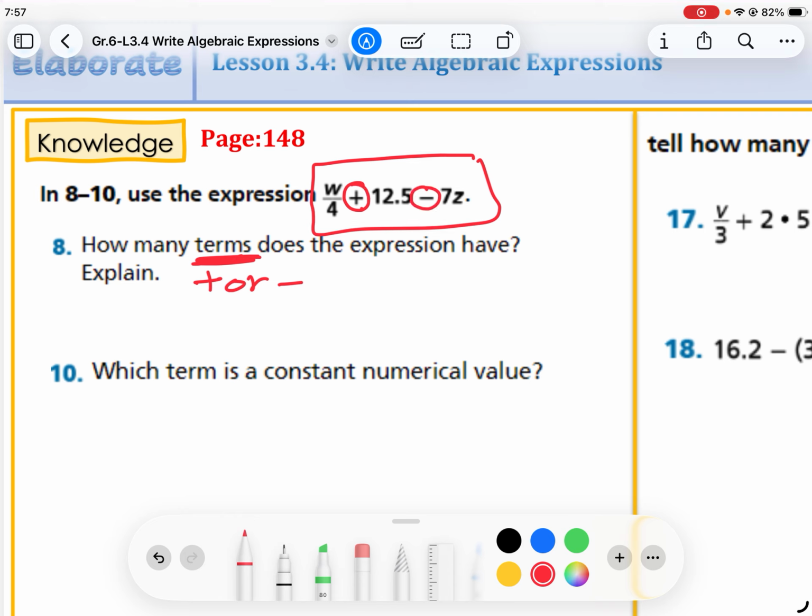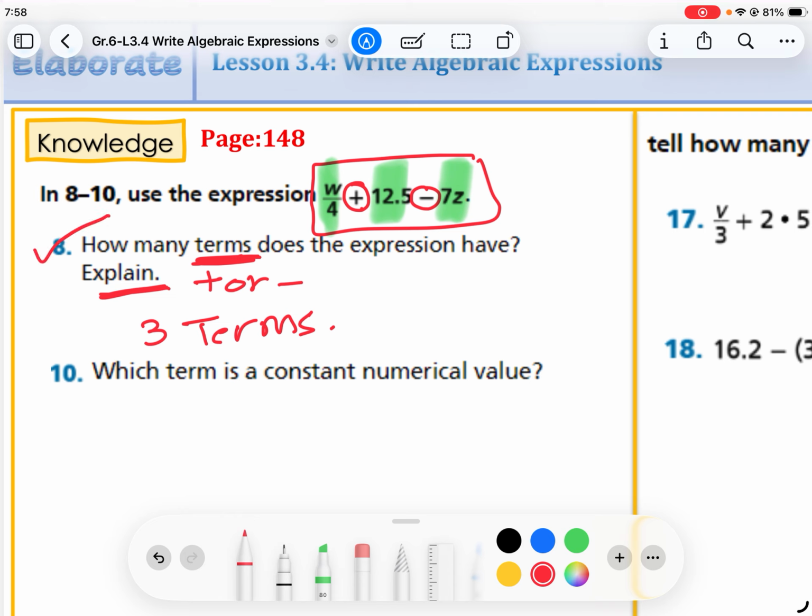So this is the first term, second term, and third term. Your answer will be 3 terms. And they tell you to explain. You're just going to write: terms are separated by addition or subtraction. That's it.